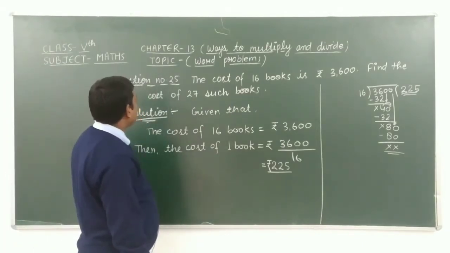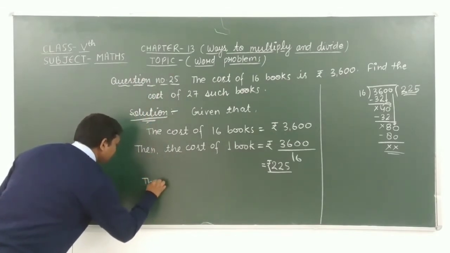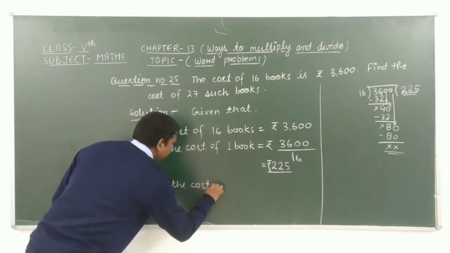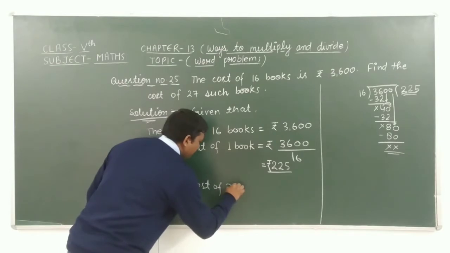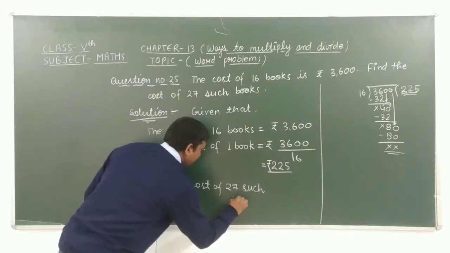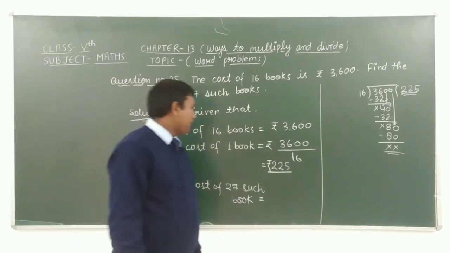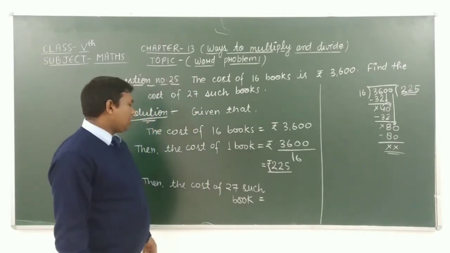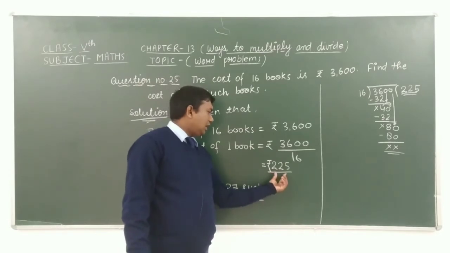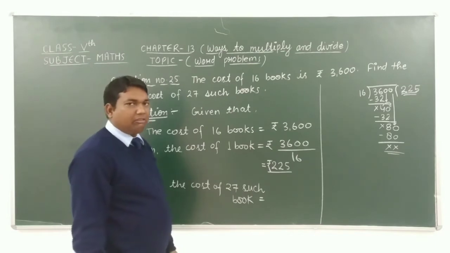Okay students, then the cost of 27 such books is equal to, dear students, for finding the cost of 27 such books, we have to take multiplication of 225 by 27. Then we get our result.